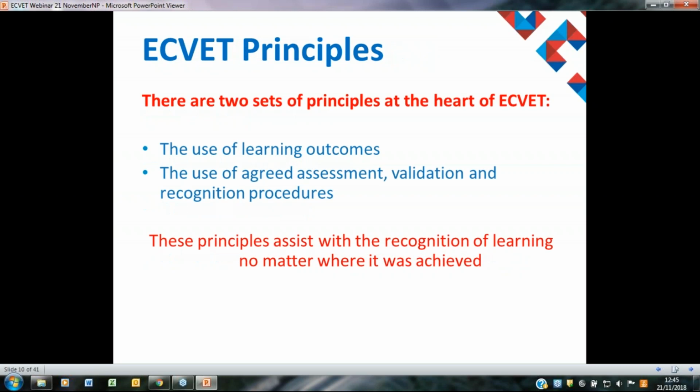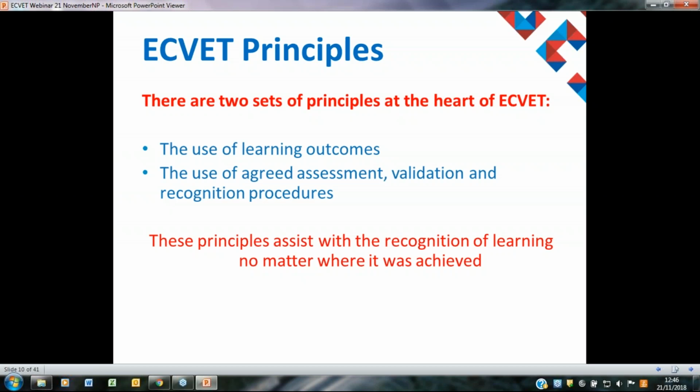Let's go back and revisit some of these key principles. There are two sets of principles at the heart of ECVET. Probably the most important is the use of learning outcomes. This is not strange to you. You use learning outcomes every day within your qualifications. Learning outcomes either as part of units or as whole units. And also importantly, not only is the use of learning outcomes basic, but there must be agreed assessment, validation and recognition procedures in place.